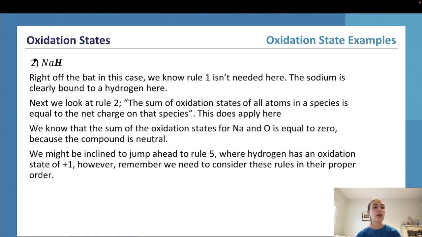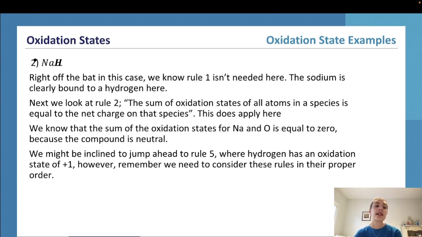This is one where hydrogen is going to differ from that rule, and that's because the sodium rule, where we're looking at the group 1 metals, is rule number 3, whereas our rule with hydrogen is rule number 5. And we remember that we do the rules in their specific order.